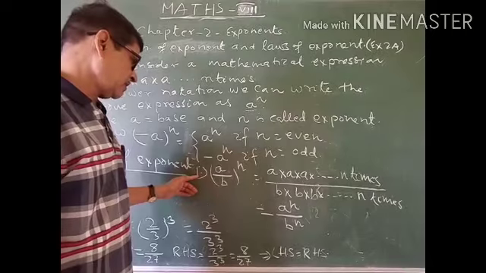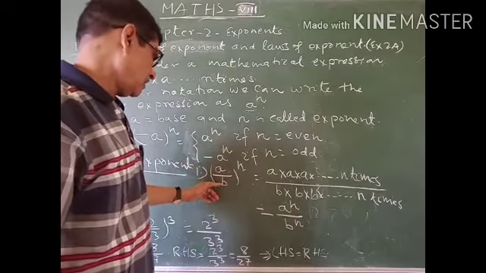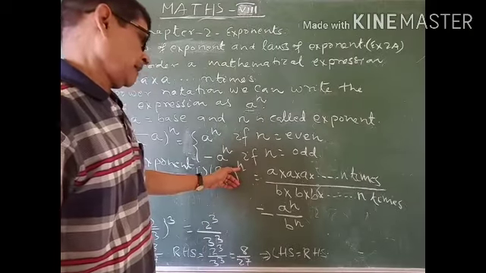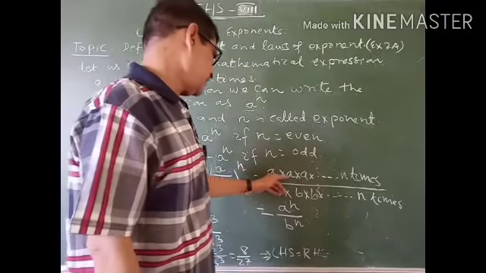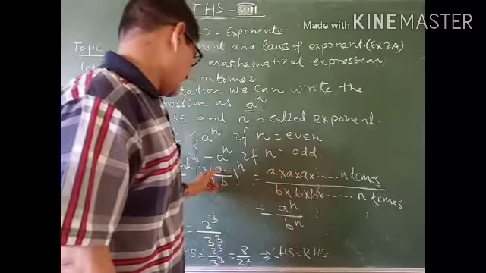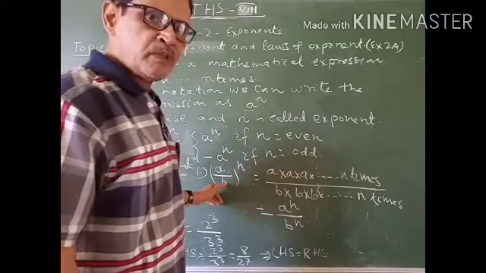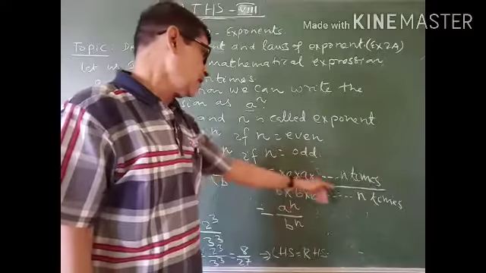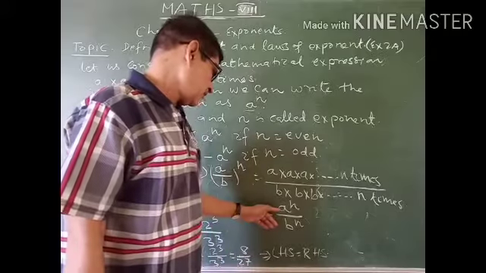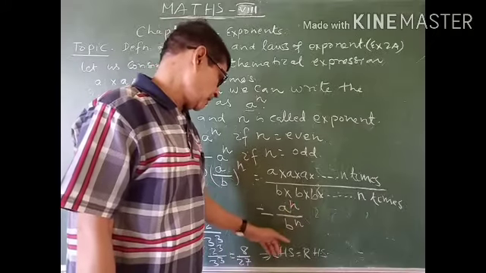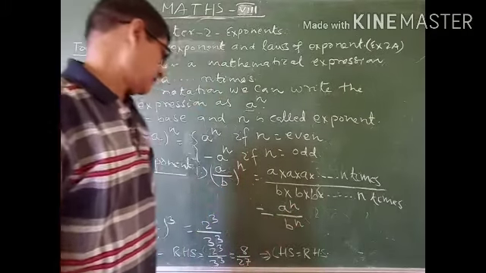The first law is a by b to the power n. It means a into a into a should be multiplied n times, and similarly b should also multiply n times, and this will become a to the power n by b to the power n.